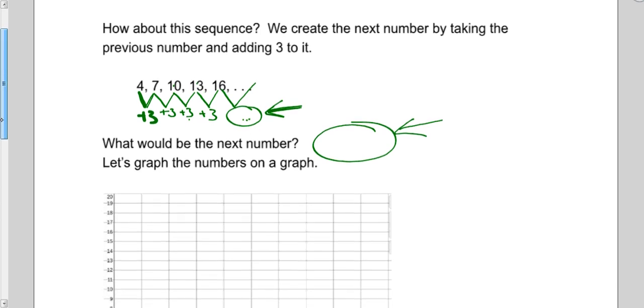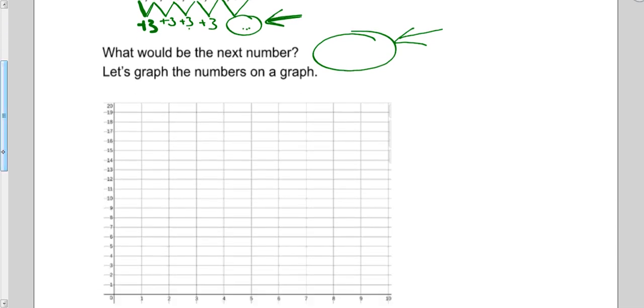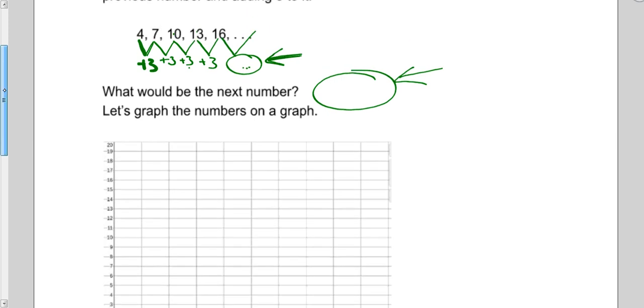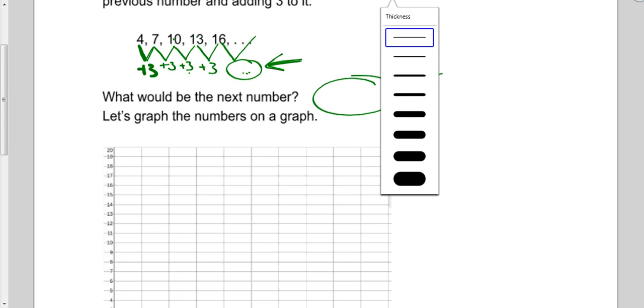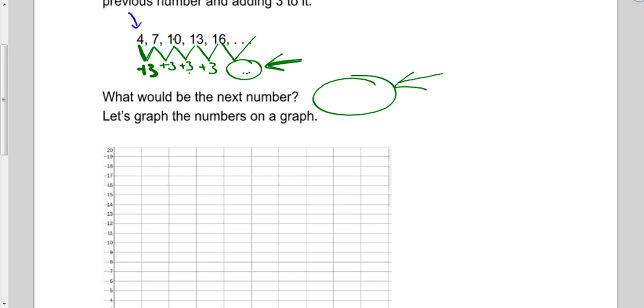Now that you're back, we are going to graph these numbers on the number line. This here, I'm going to do this in blue. This here is my first number. This is my second number. And this is my third number. This is my fourth number.